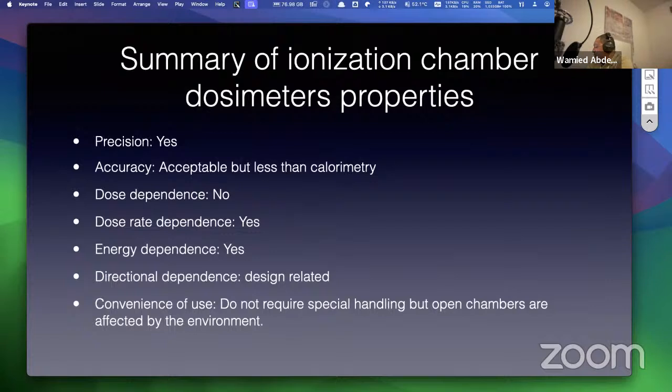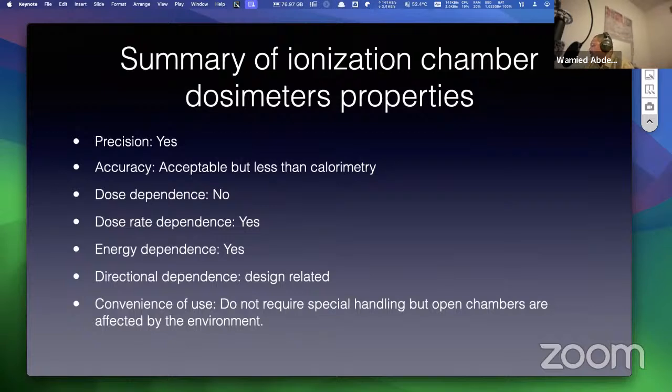Convenience of use, they do not require special handling. But open chambers are affected by the environment. So if you want to know the dose accurately, we need to take care of temperature and pressure. And there are some other factors like polarity effects and ion recombination. So you have to judge: are these factors important for what I want to measure, or maybe I could neglect them.